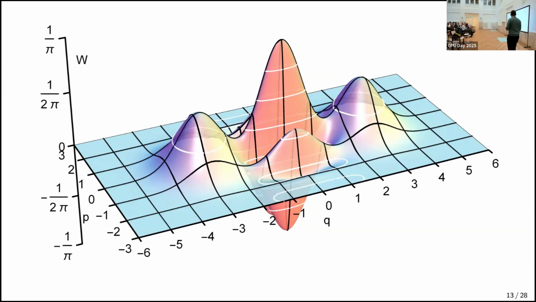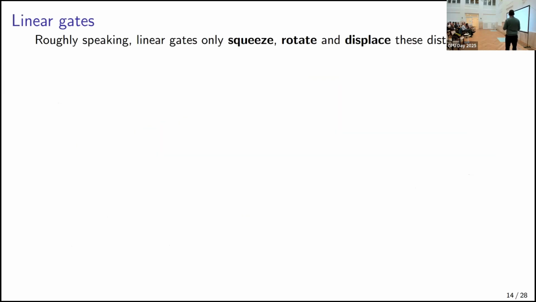The reason I'm mentioning it is because I want to introduce linear gates through this phase picture. Roughly speaking, linear gates in this CV quantum computing model are only the squeezing gates, the rotation gate, or phase shifter gates, as they also call it, and the displacement gate.